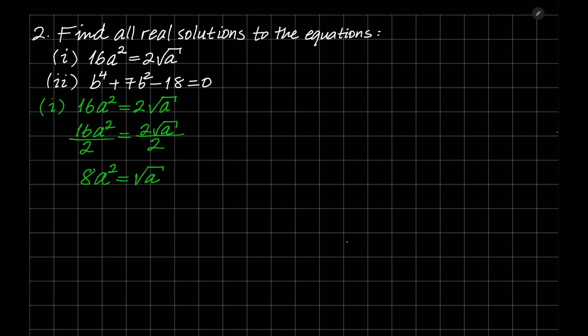Squaring both sides means 64a to the power of 4 is equal to a. If we divide both sides by a, that means 64a cubed is equal to 1, which implies that a cubed is equal to 1 over 64.